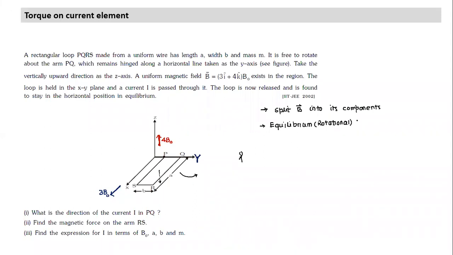What I understand from here is, if FB was absent, there was no magnetic field and no magnetic force, what would have happened? Because of weight, this whole thing would move downwards. It would have rotated, so weight acting downwards creates a torque, and it will make it rotate about the PQ axis.